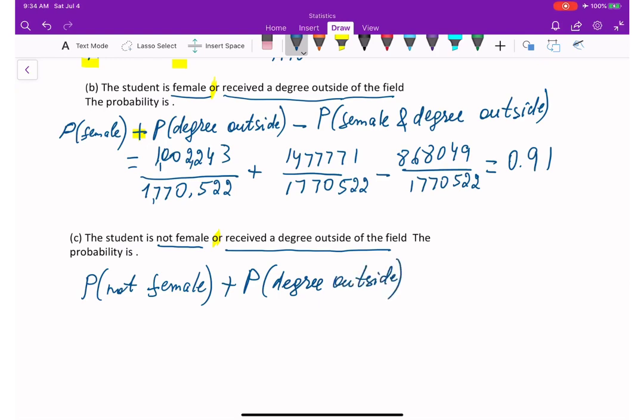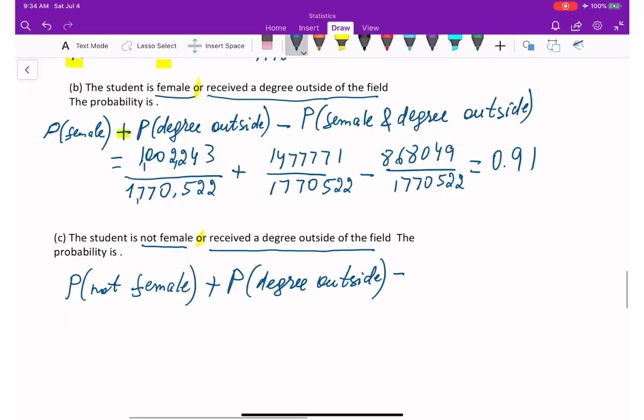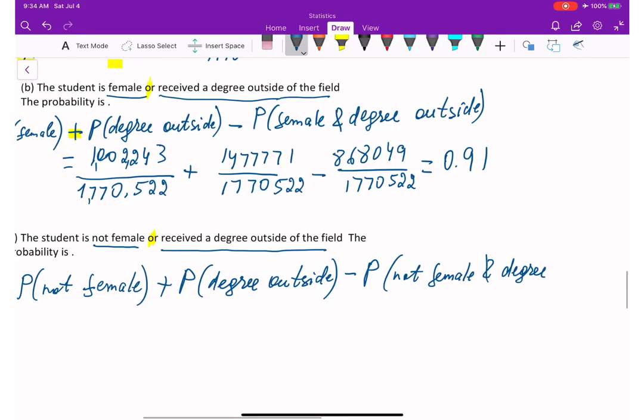And I know that female is a row, degree is in the column, so we are definitely going to have their duplicate, so minus probability of not female and degree outside.